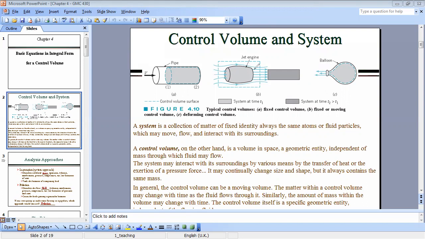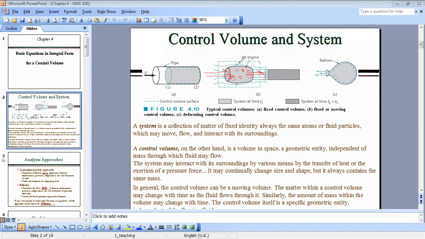Because for a control volume, the particles going through it will be different. For example, if you consider an engine and you have flow through the engine, at each instant the particles inside the engine will vary. We have particles coming in and others going out, so we might have accumulation of mass.